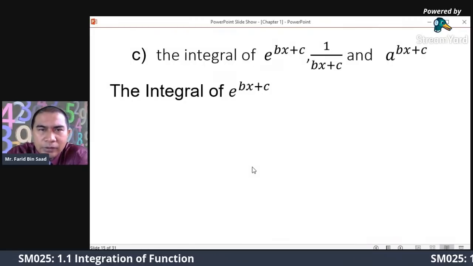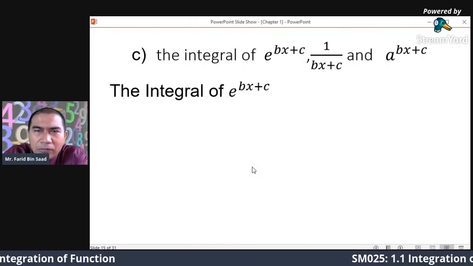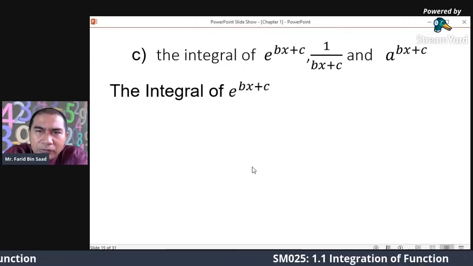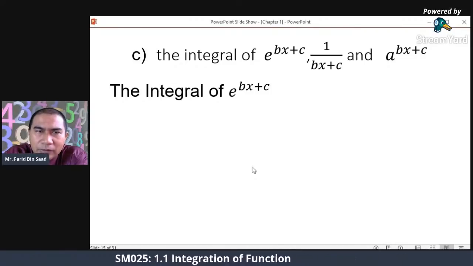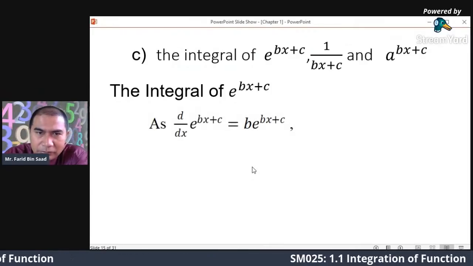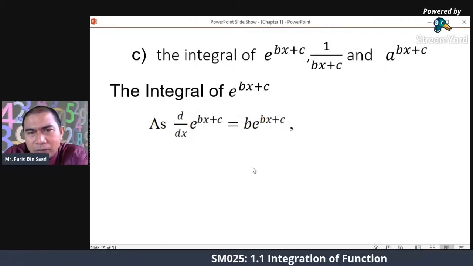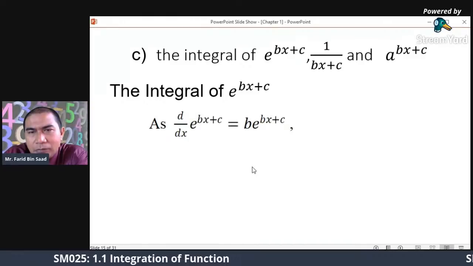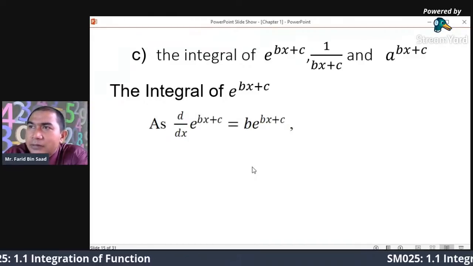Okay, the integral of e power of bx plus c, 1 over bx plus c, and a power of bx plus c. First, we look at the integral of e power bx plus c. As we differentiate e power bx plus c, what we get is b times e power bx plus c.